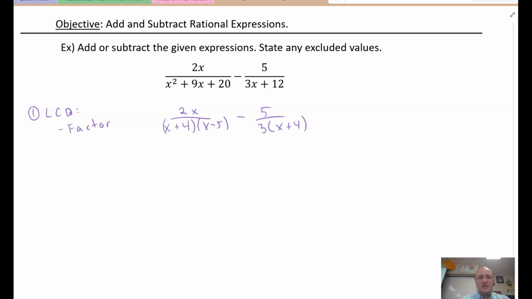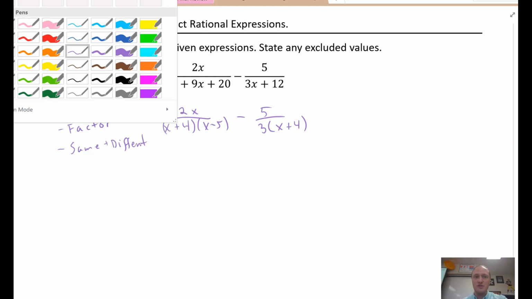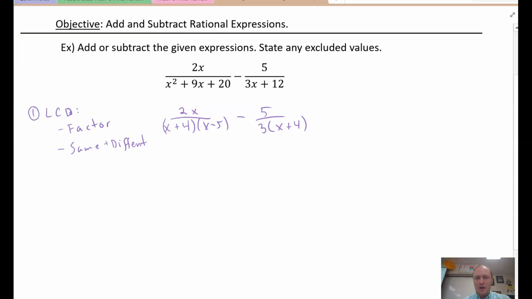So I factored this, and then again, I'm going to play this whole game of what's the same and what is different. If Miss Page explains this a different way, please think about it whatever way that she does. She's a pro, she's an expert. So what's the same?